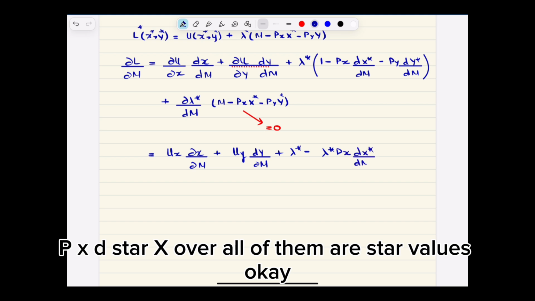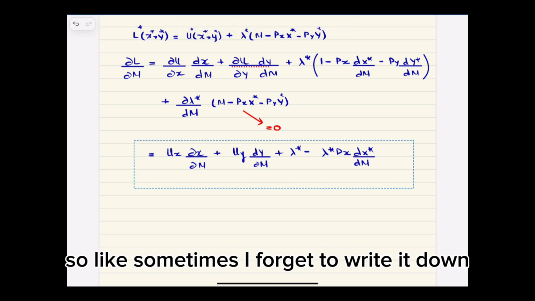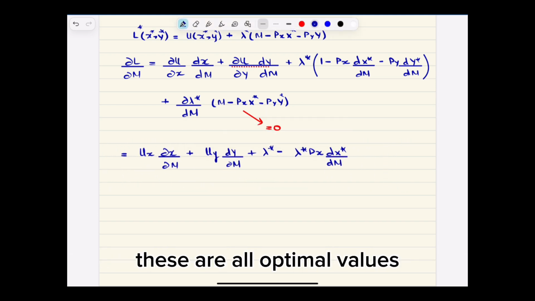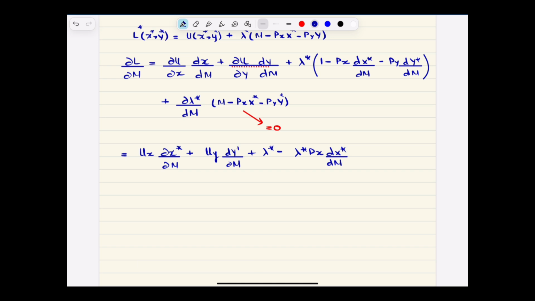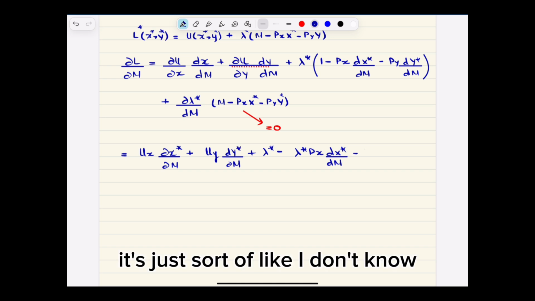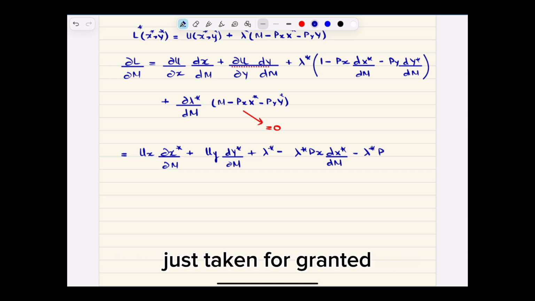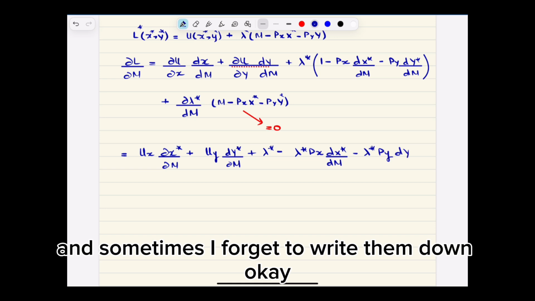All of them are star values. Sometimes I forget to write it down. These are all optimal values. It's just taken for granted, and sometimes I forget to write them down.